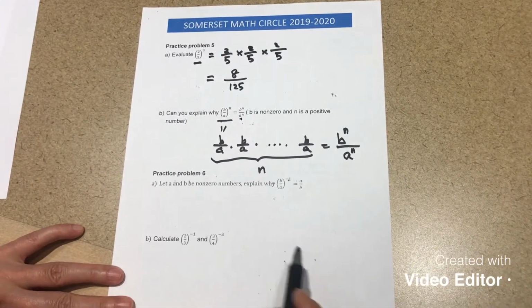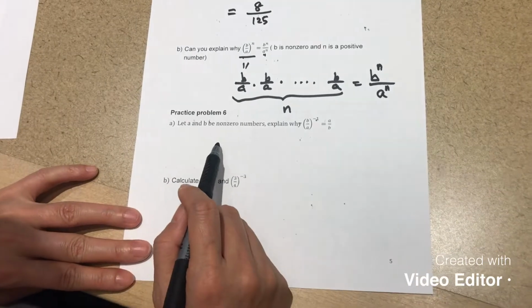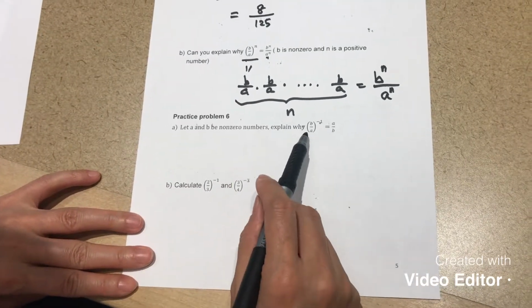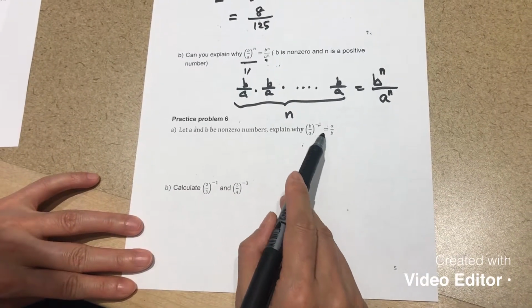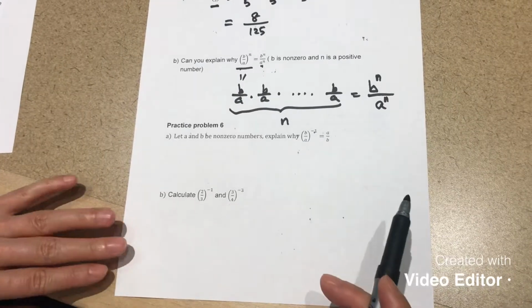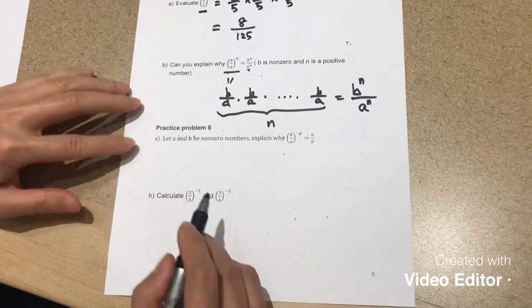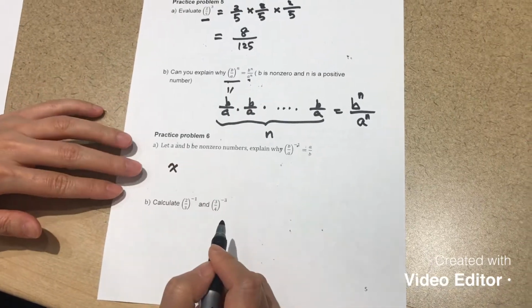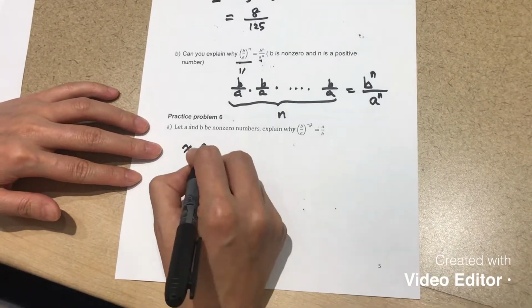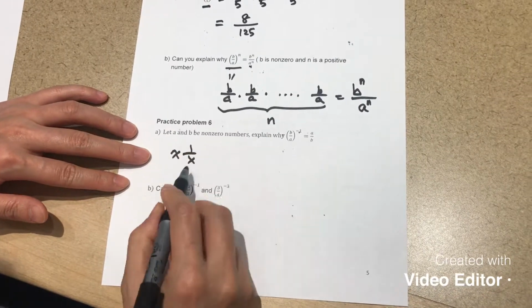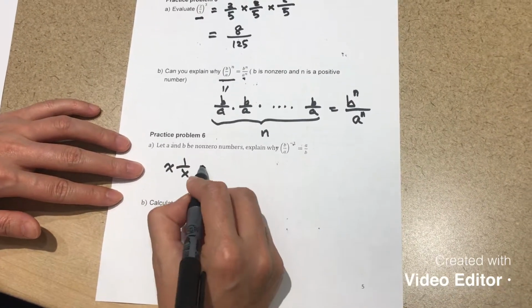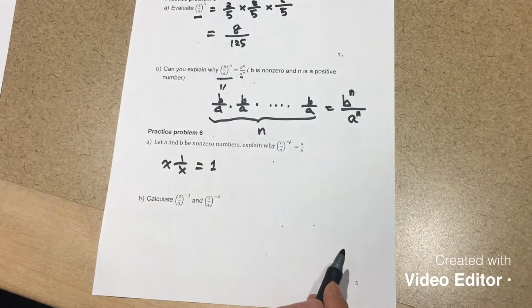Problem number 6. Let a and b be non-zero numbers. Explain why b over a to the minus 1, the inverse of that, equals a over b. We have talked about this before. If you have a number and you multiply the reverse of that number by the original number, you get 1.